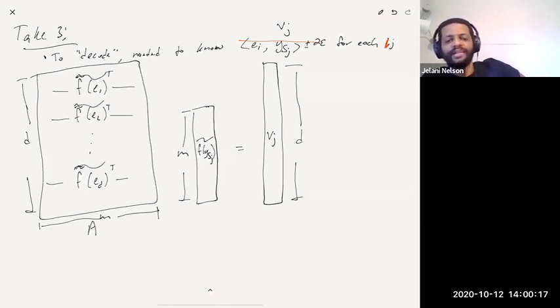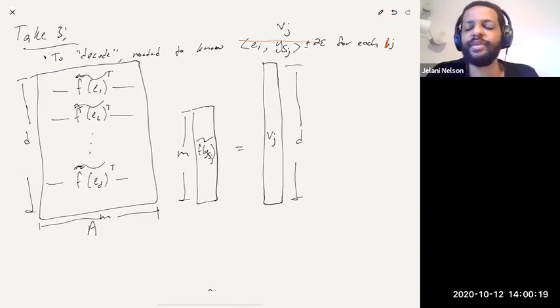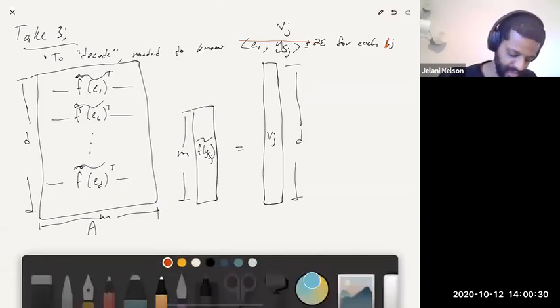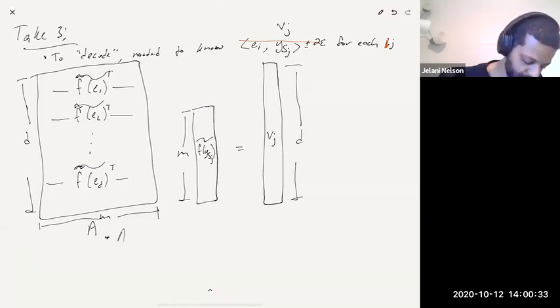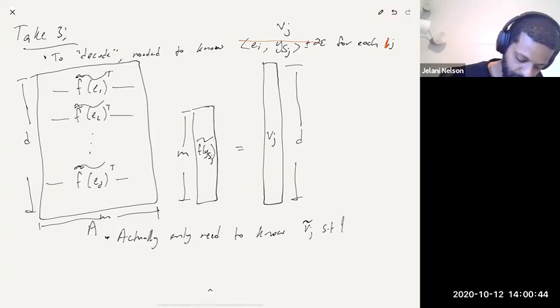But notice that that tells us a little bit more than what we really need, because we don't need to know v_j exactly. We just need to know v_j rounded to an L infinity net. So we only need to know some v_j tilde such that the infinity norm of v_j minus v_j tilde is at most epsilon.